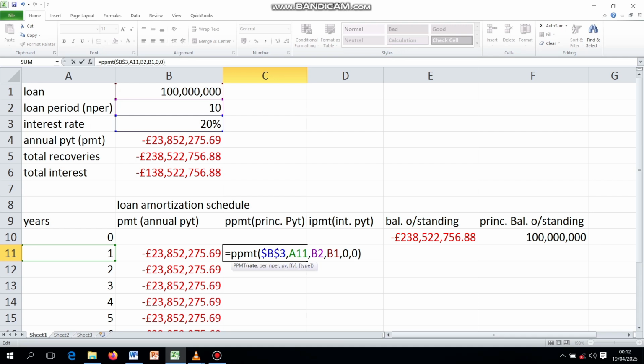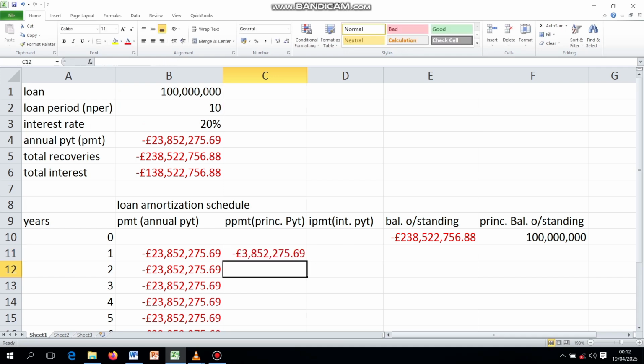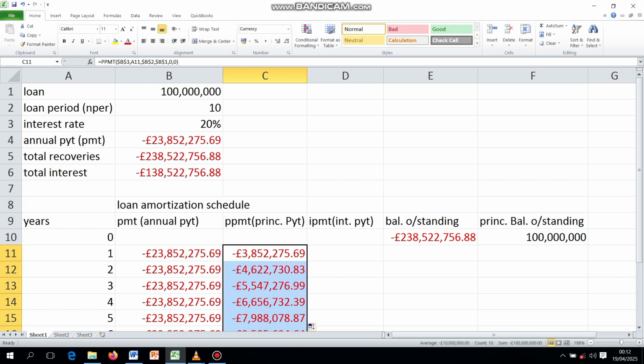But this one, the A11, which is the current period, I'm not going to lock it. So I'm going to lock the rest, and I will leave out the current year. After locking them, I'll press enter. Then I will auto scroll, and I will get everything.